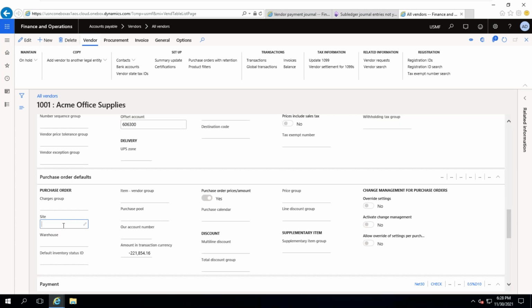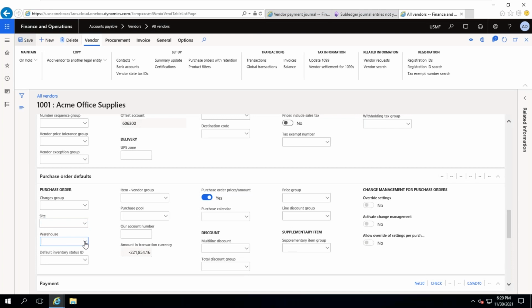Yes. Where can we configure these sites and warehouses? Here only we can create a warehouse, am I right? That is part of T&L. Let me show you where we can create it.